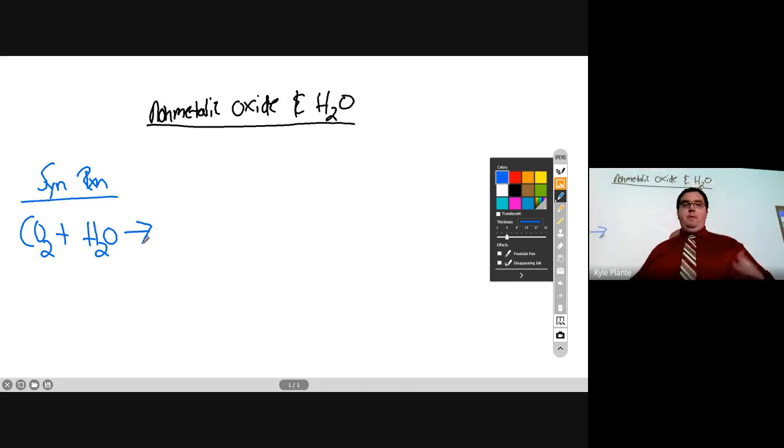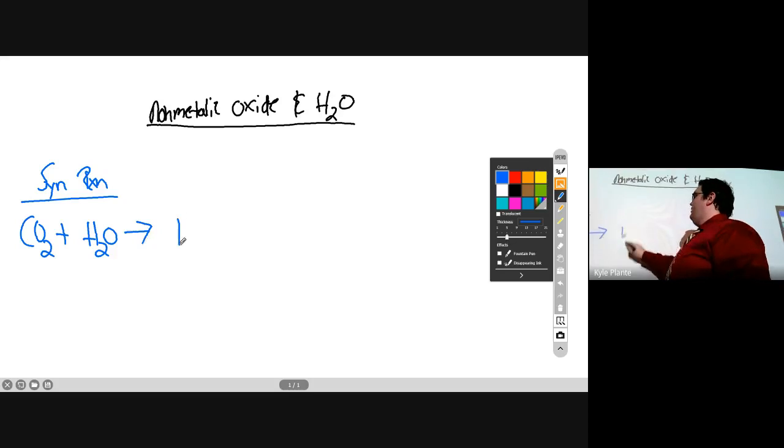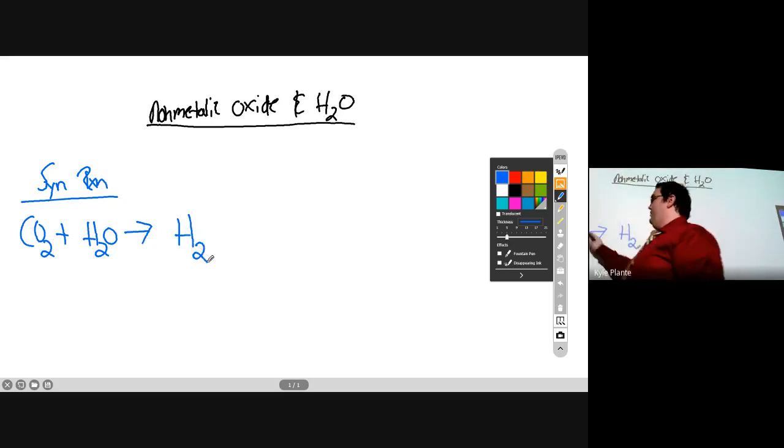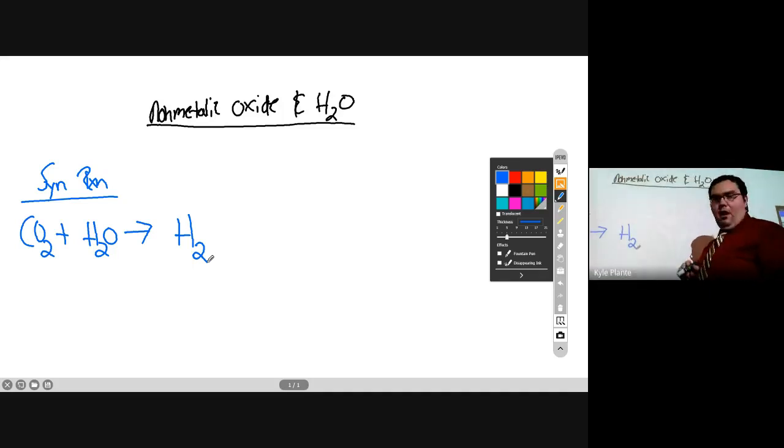So if you remember, back when we were naming acids, we said an acid is anything that contains hydrogen as the cation. And then what we're left over with is an oxygen, a carbon, and two more oxygens, which forms the carbonate ion. And that is carbonic acid.